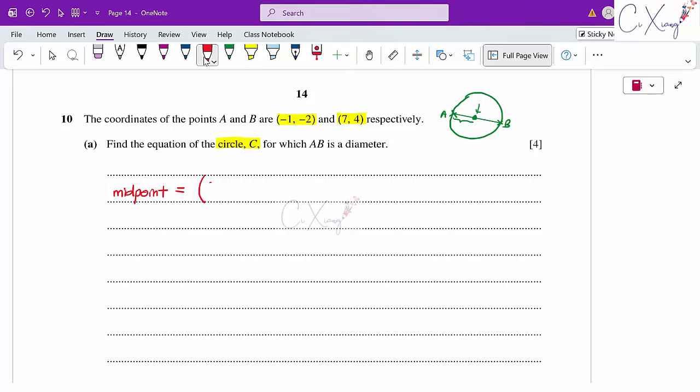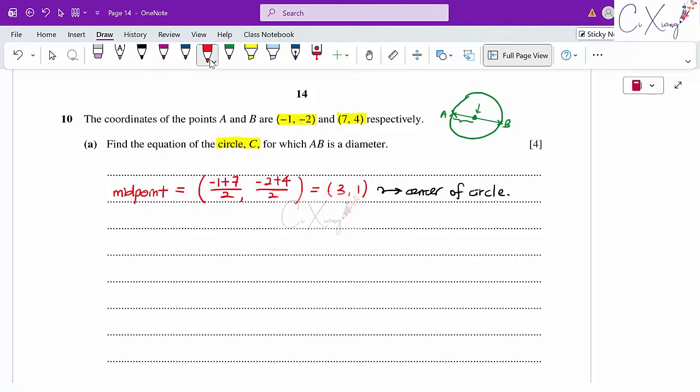So we have x1 plus x2 divided by 2, then y1 plus y2 divided by 2 as well. And from here, you get the midpoint, 3 and also 1. Then you need to be aware that this particular midpoint is actually the center of the circle.